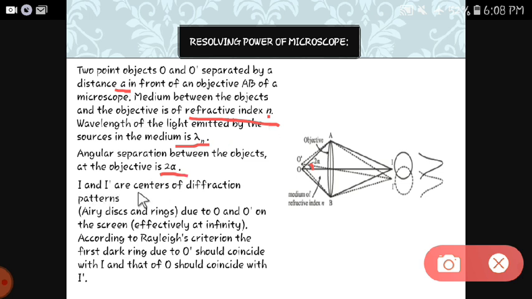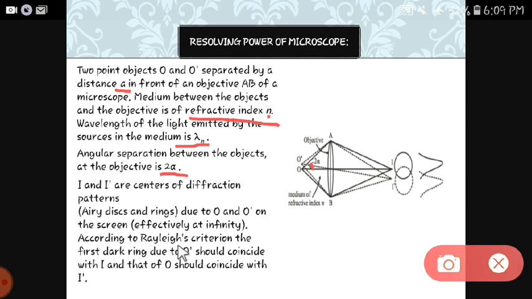Now I and I dash are the centers of diffraction patterns, and I is the first dark point of the diffraction pattern. We are going to find the Airy's disk and ring due to O and O dash, which we have seen on the screen.